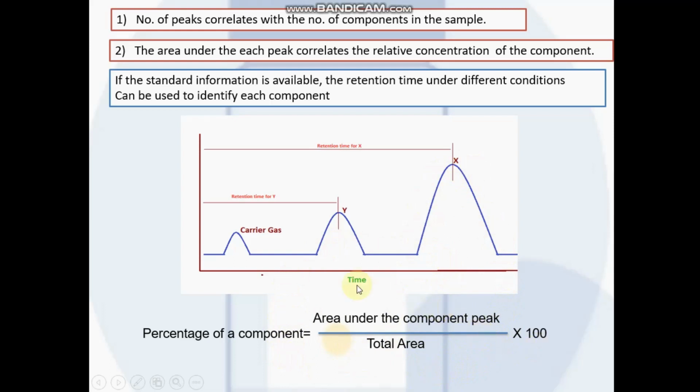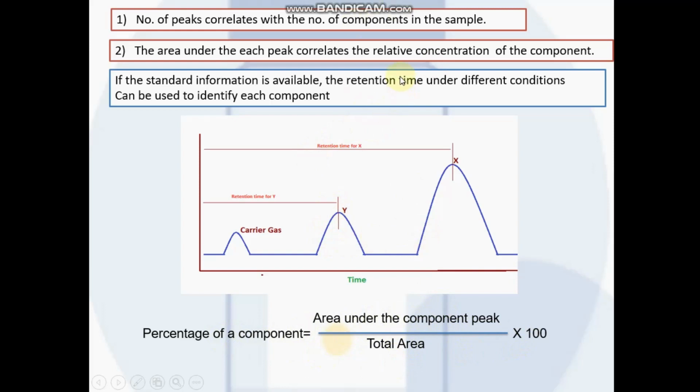Suppose we want to calculate the percentage of component X; then the area under the component peak is divided by the total area, that is, the sum of the areas under each component. So percentage of component equals area under the component peak divided by total area times 100.